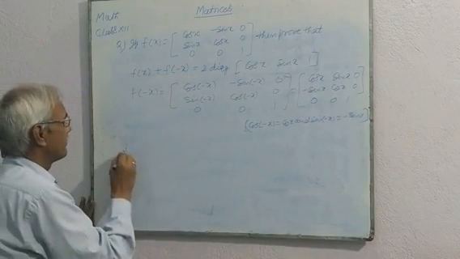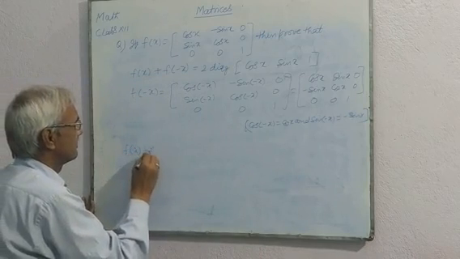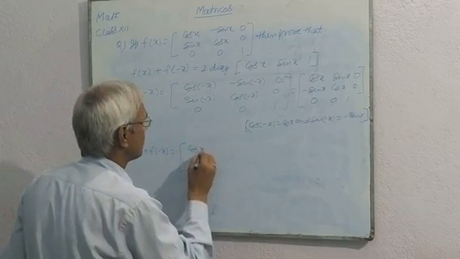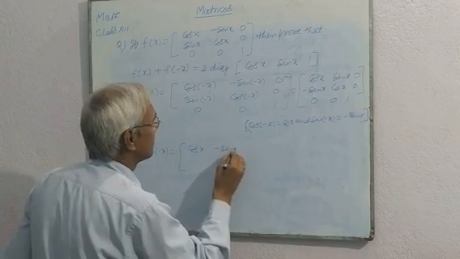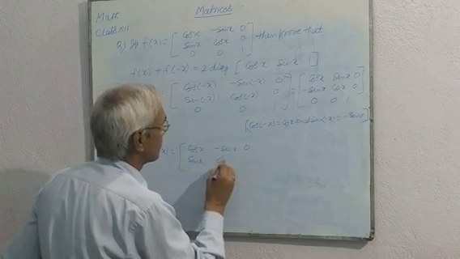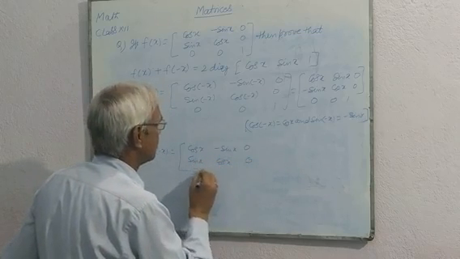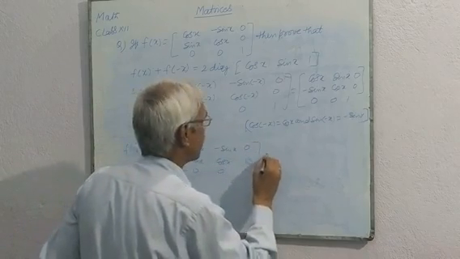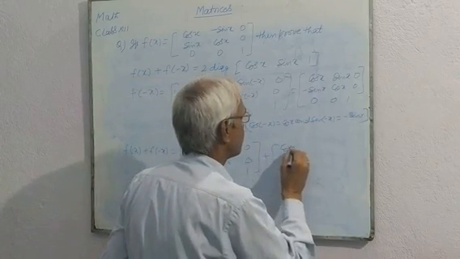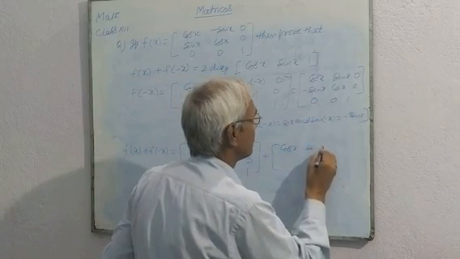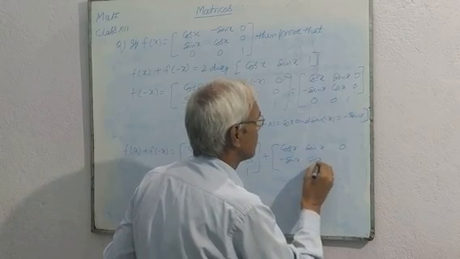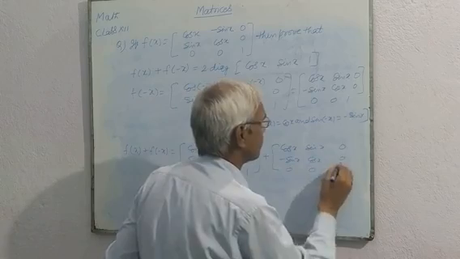f(x) plus f(-x) equals [cos x, -sin x, 0; sin x, cos x, 0; 0, 0, 1] plus f(-x), which equals [cos x, sin x, 0; -sin x, cos x, 0; 0, 0, 1].